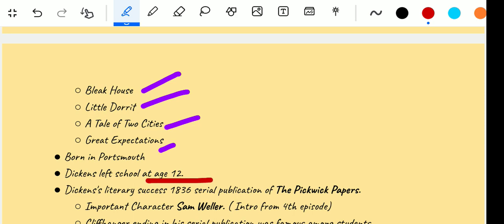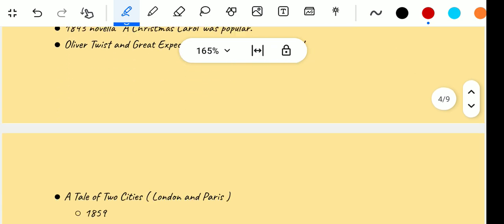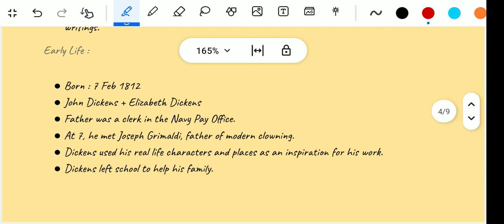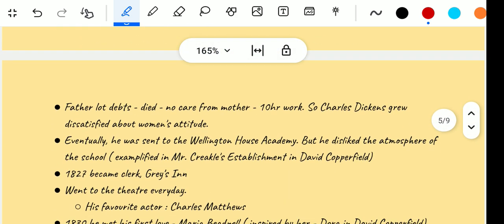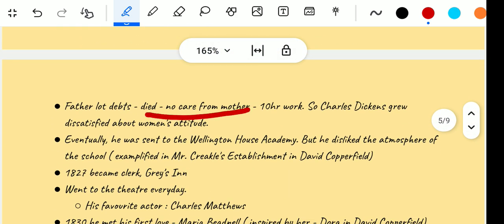At the age of 12, due to his family circumstances, he had to leave school, and he went to work in order to support his family. But after some time, his mother was able to get some money from her ancestors' side, which relieved them of their debt.